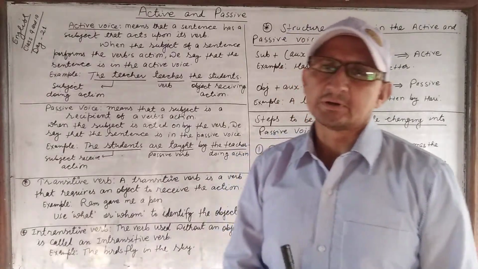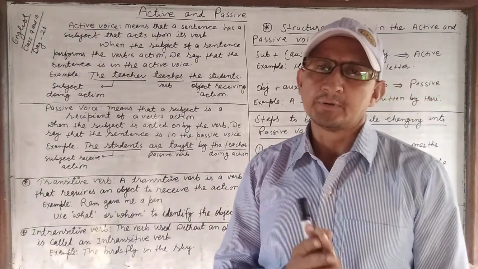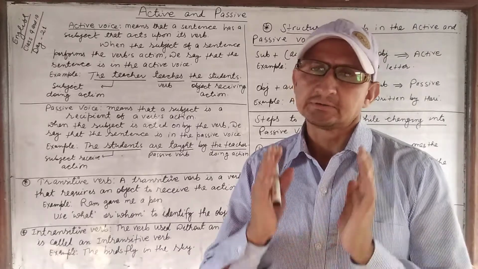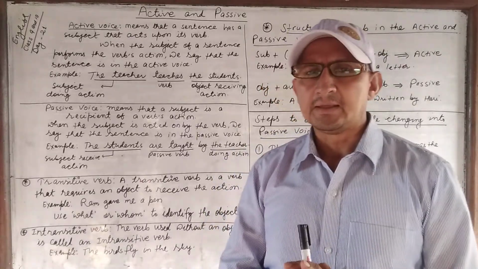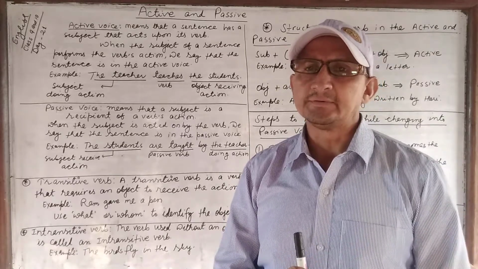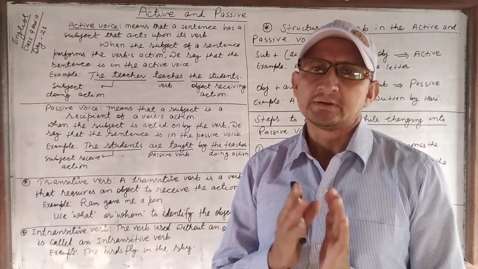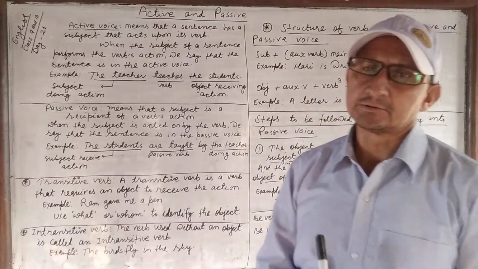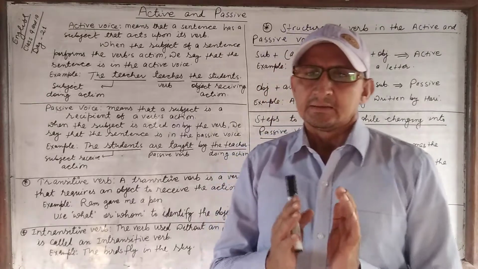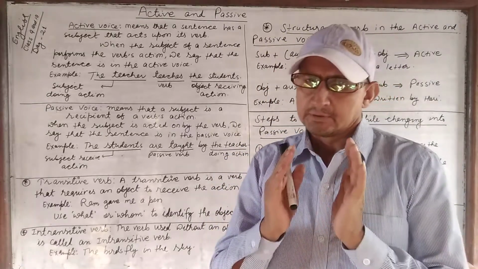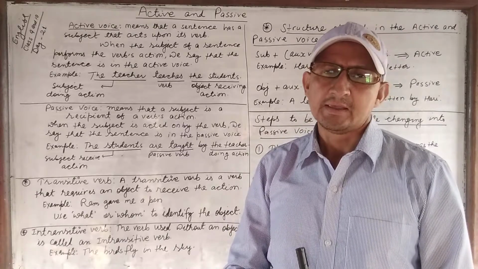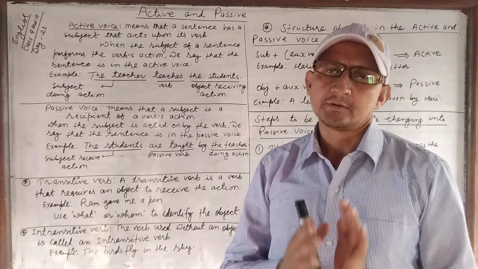When the subject of the sentence performs the verb's action, we say that the sentence is in active voice. Sentences in active voice have a strong, direct and clear tone. In active voice, the subject performs the action expressed by the verb.